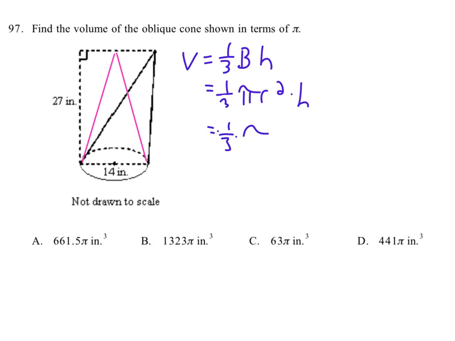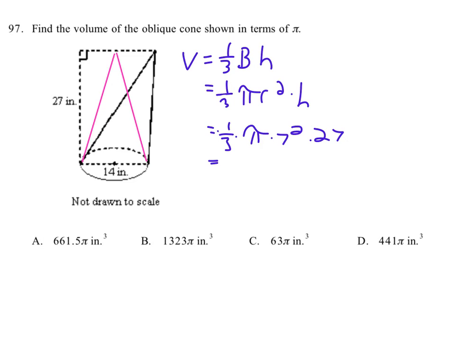So we've then got 1/3 times pi times the radius, which notice the diameter here is 14. We're going to be using half of that, just from the center to the edge, the radius. So we've got a radius of 7 squared times the height, which is 27.